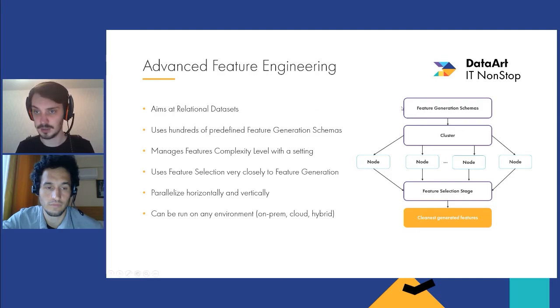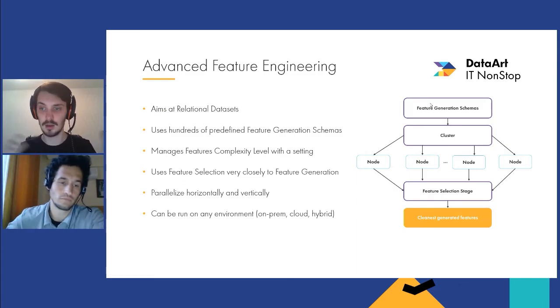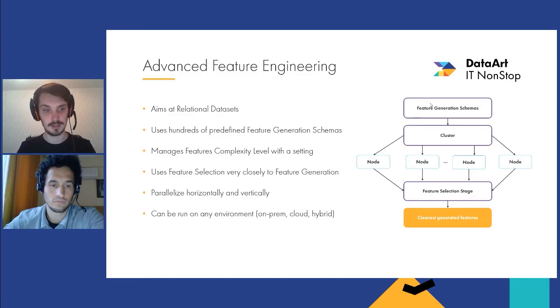And you can see on this diagram that we are just loading feature generation schemas on the cluster. It runs in parallel on any number of nodes where we have these feature generation and feature selection steps inside, and then we have a feature selection step in the final, and we get the cleanest and the best features for our problem, right?